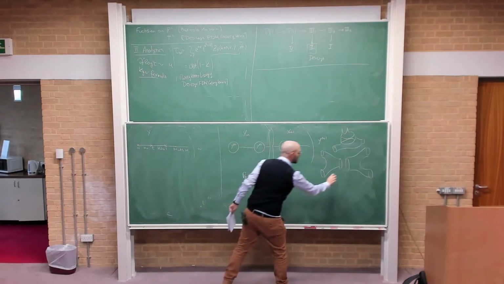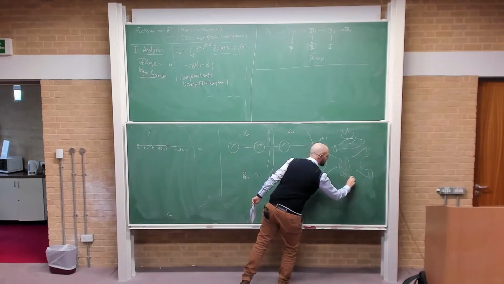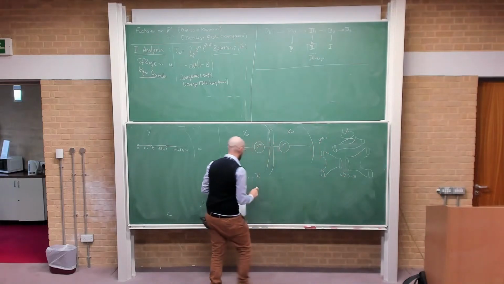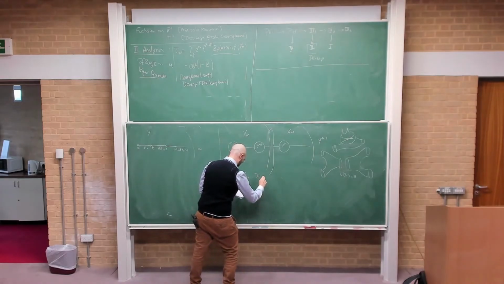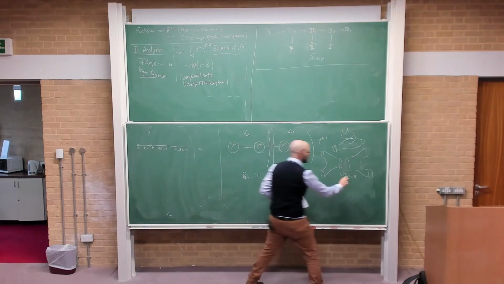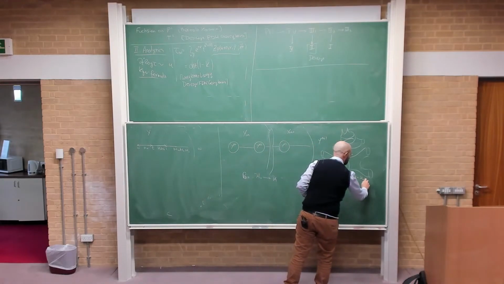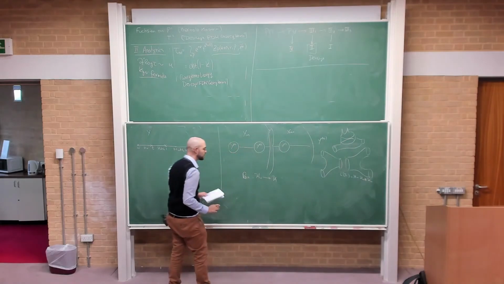So let's call this L2 of this S1, H. And then I can consider, and I just do a Fourier decomposition into positive and negative frequencies.